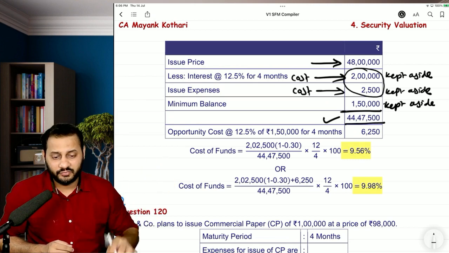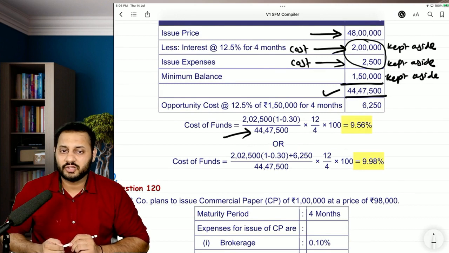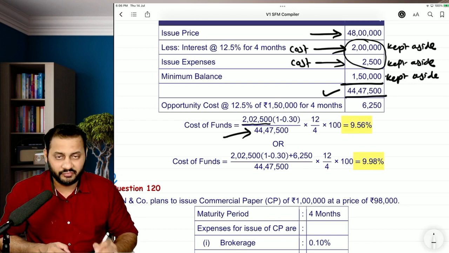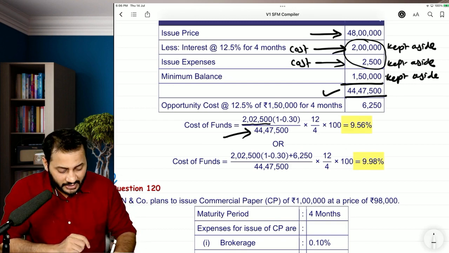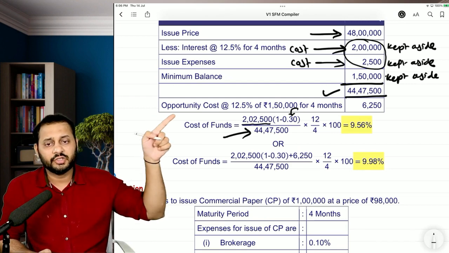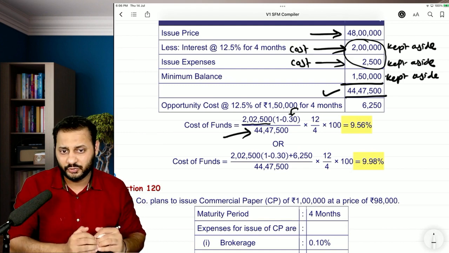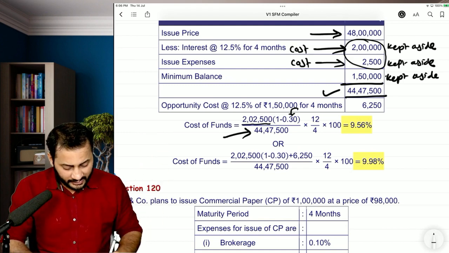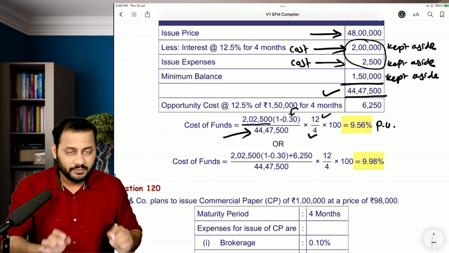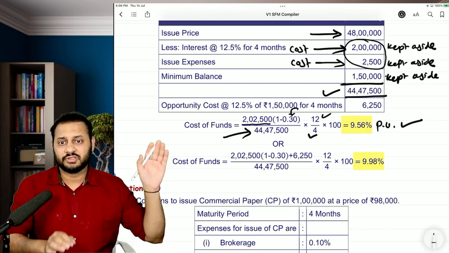So the cost of the fund becomes the funds that you are able to use in the market, that is 47,500, and in the numerator you will take 2 lakh 2500, interest plus issue expenses, but that too after taxes. You are removing the tax saving out of it. So the numerator becomes the expenses after taxes divided by the amount that I can use, 47,500, and this is all for 4 months. I converted it into 12 months and the rate becomes 9.56% per annum. This is the correct cost of funds.